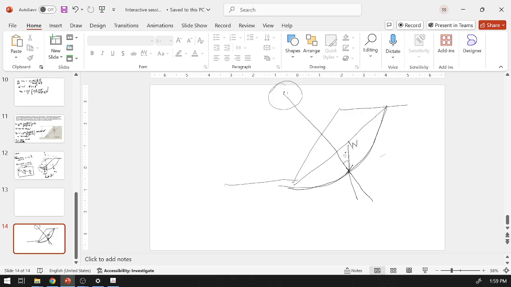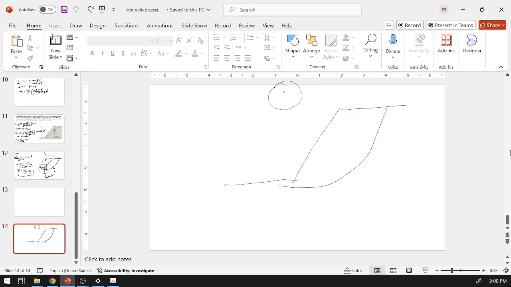This will be the angle phi, not with W. Not able to draw it properly.